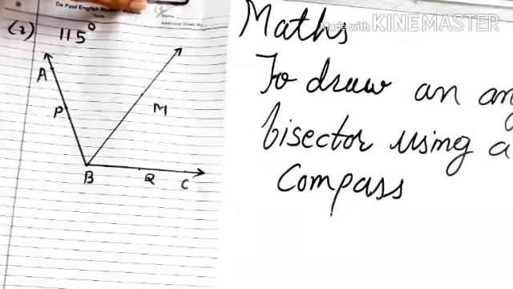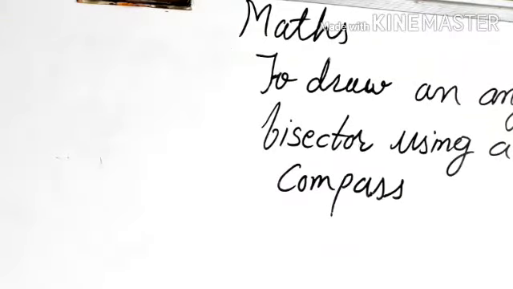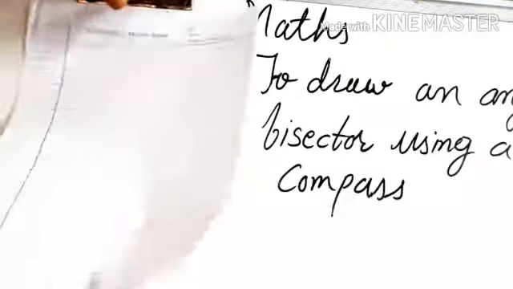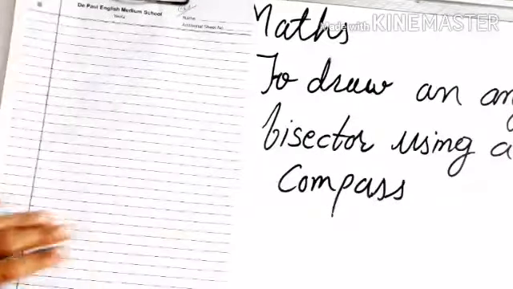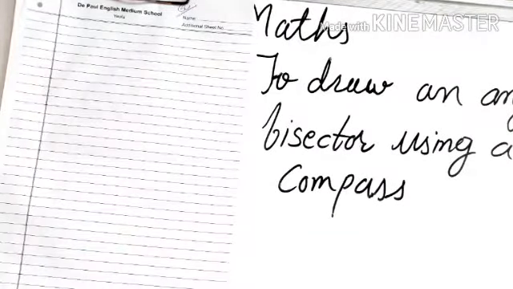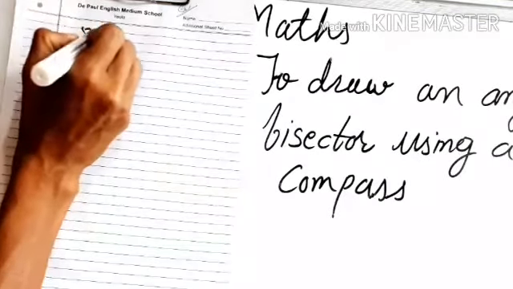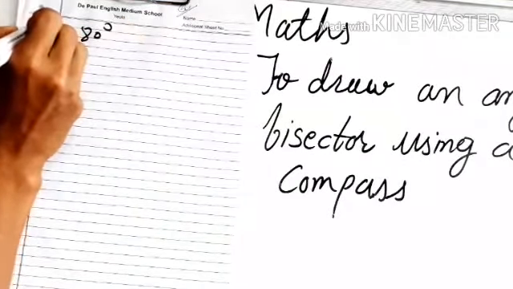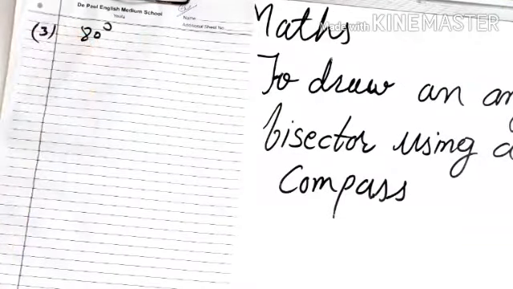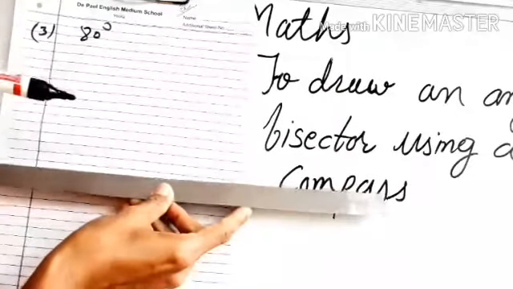Now let's see one more question, that is of 80 degrees. Here we will see how to draw an 80-degree angle. Again same construction, same steps. This is the third question. So again draw one ray.